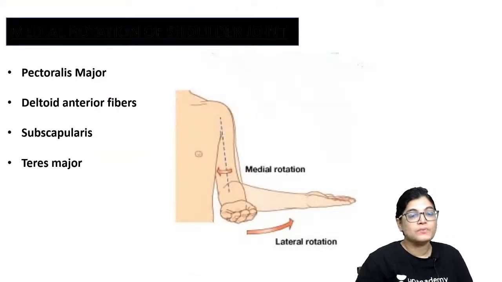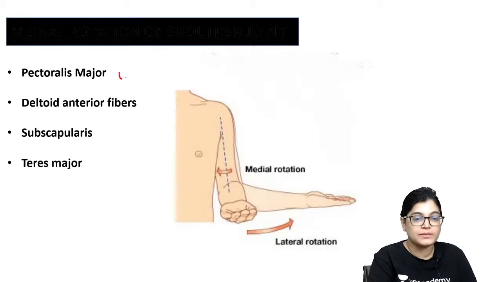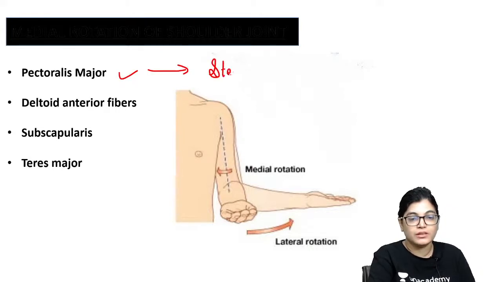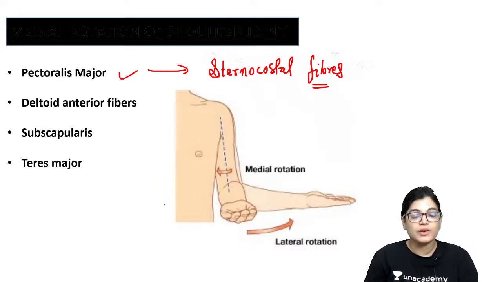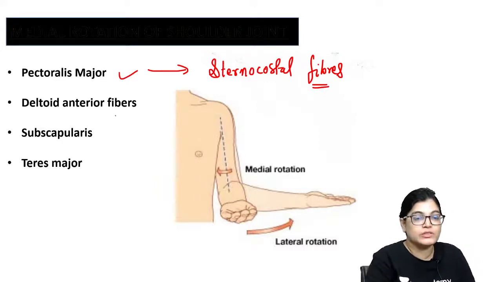Now coming to medial rotation of shoulder joint. Medial rotation of shoulder joint is done by pectoralis major. Again, which fibers of pectoralis major? The sternocostal fibers perform the function of medial rotation of shoulder joint.